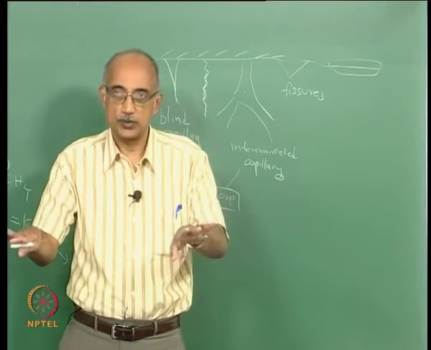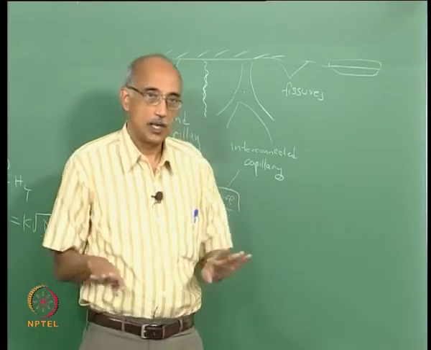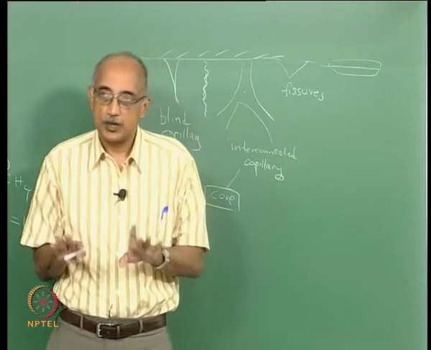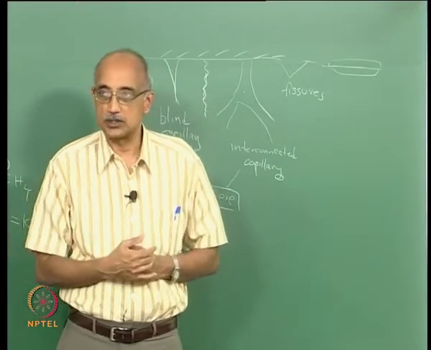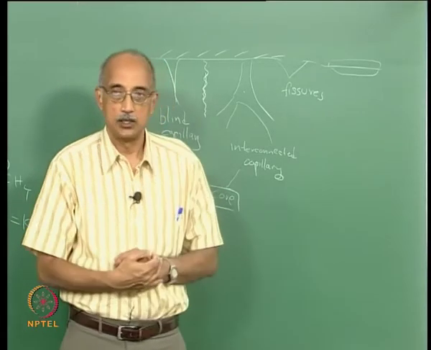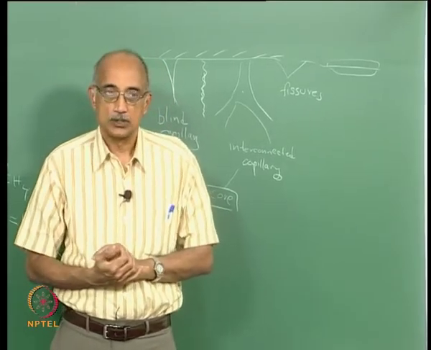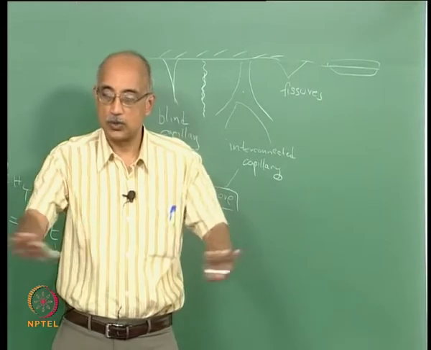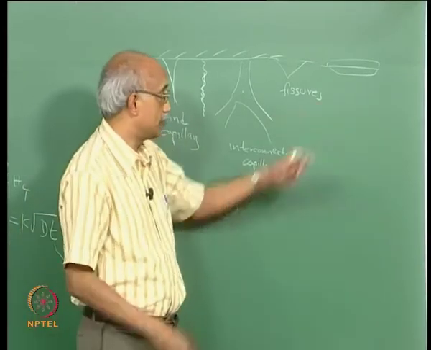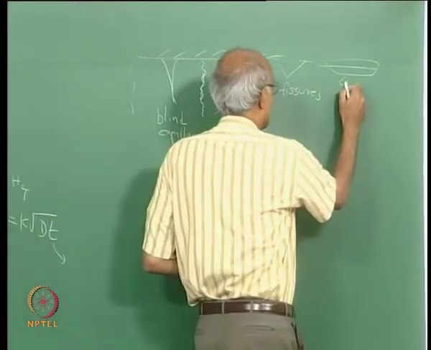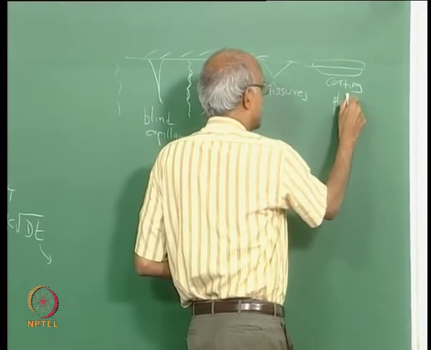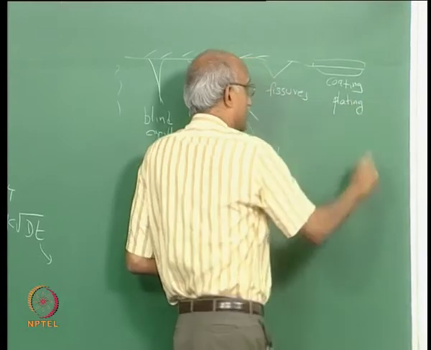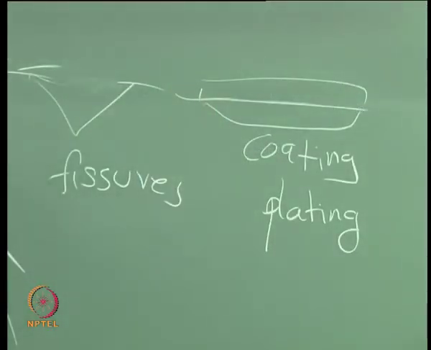All of these are supposed to be surface processes, but in reality again it's almost impossible to control them in such a way that they only act on the surface. There is some penetration always to the subsurface region. So a coating is supposed to just go on top of the surface, but what we typically find is that there is a fragment of it that is beneath the surface in the subsurface region.